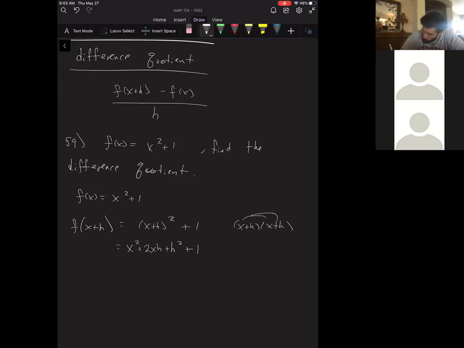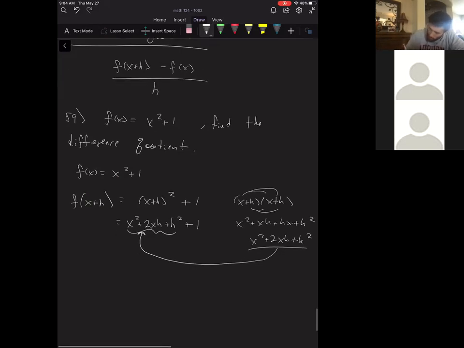X goes to x goes to h goes to x goes to h. So we get x squared plus xh plus hx plus h squared. And then if we combine like terms, we get x squared plus 2xh plus h squared. And so that's why we have this piece right here.